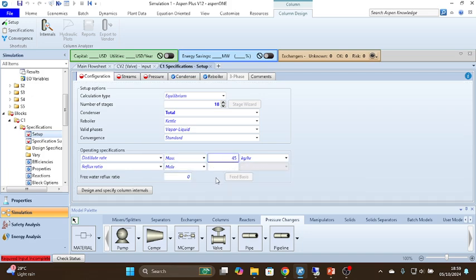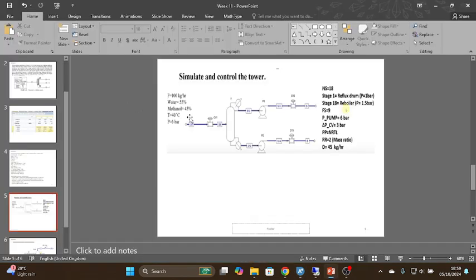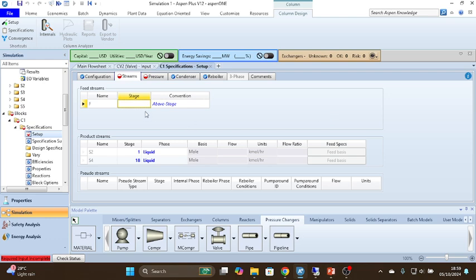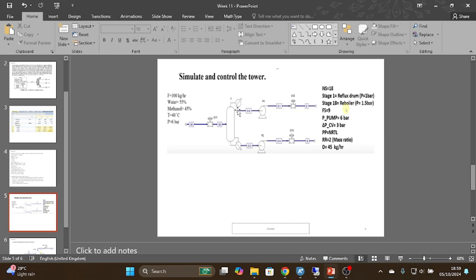This is 45 and the mass reflux ratio is 2. Now coming to streams, the feed stage is 9.